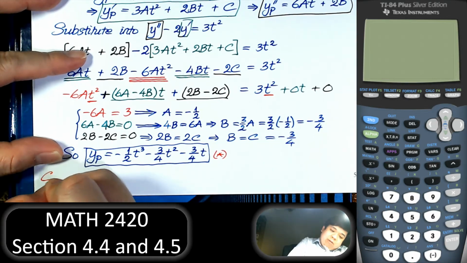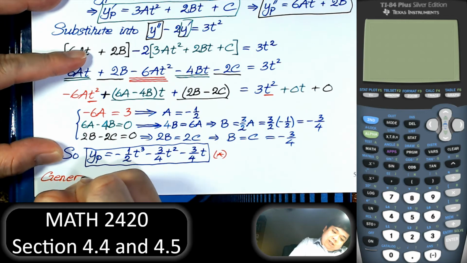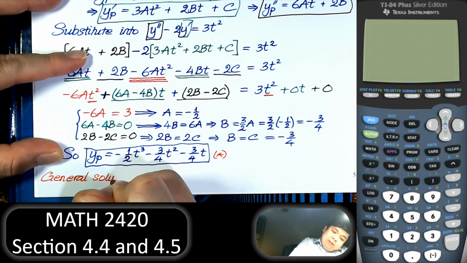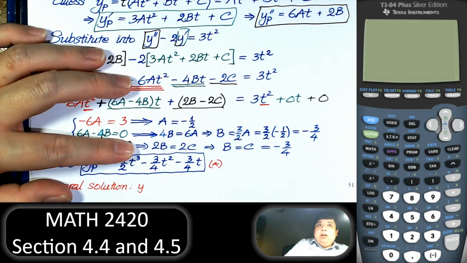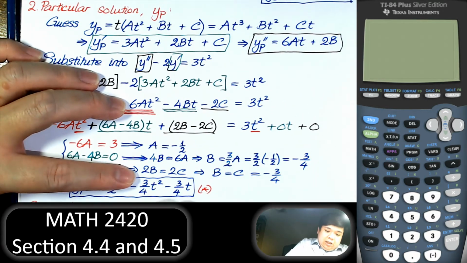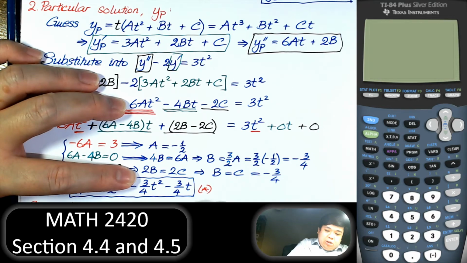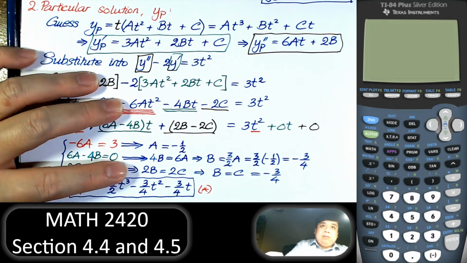So when we have general solution, it will be complementary solution plus particular solution.